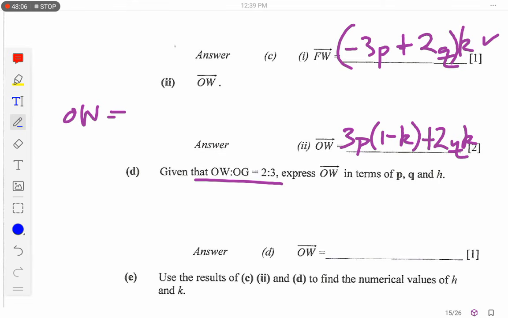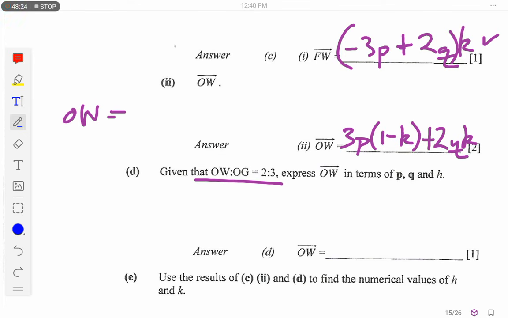So we get our OW, with the total of the ratios being 5, to be 3/5 of OG.